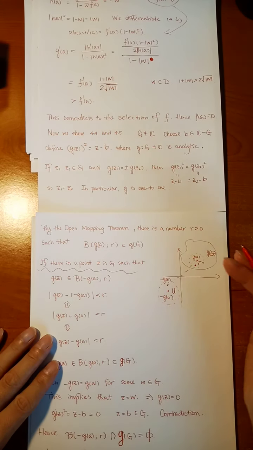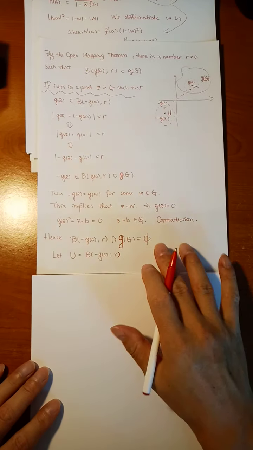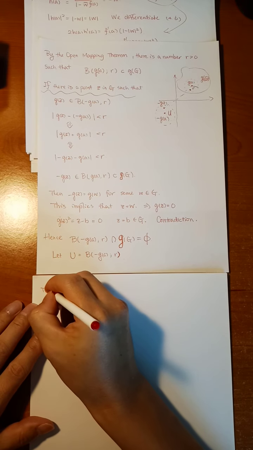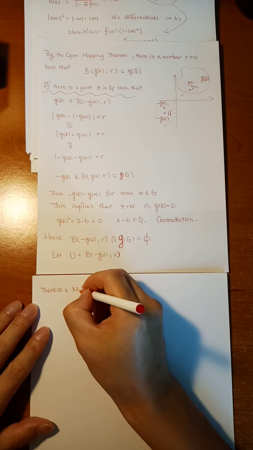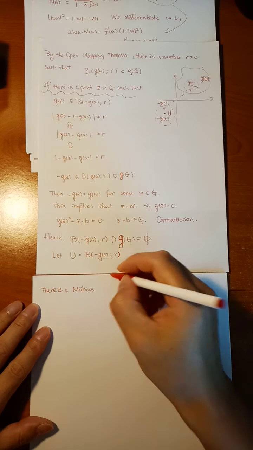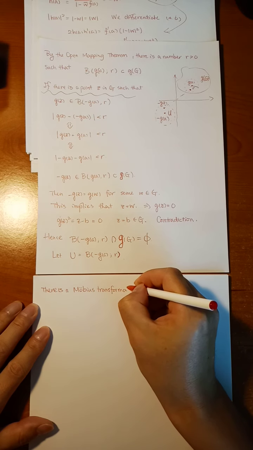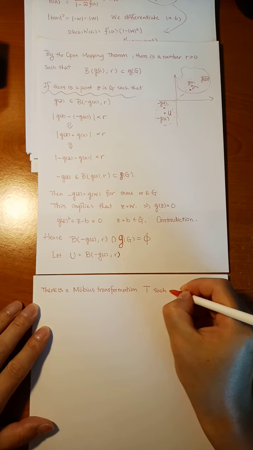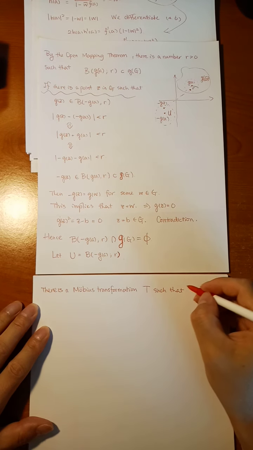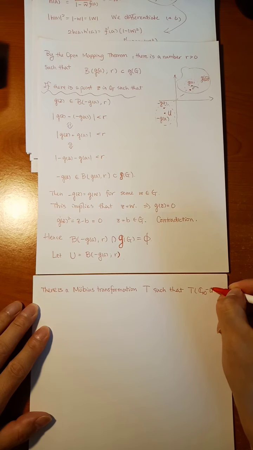Then you have the Mobius transformation. There's a Mobius transformation T such that T maps the exterior part of U closure to D, the open disk.